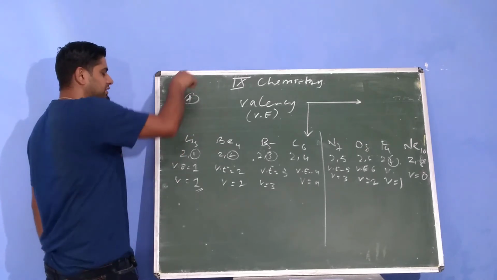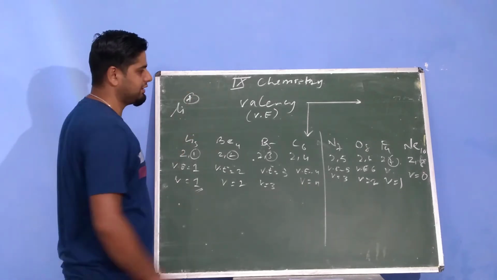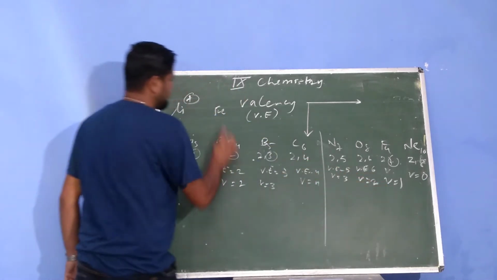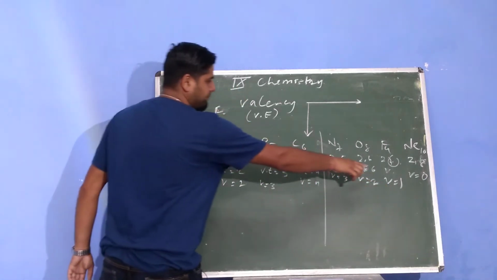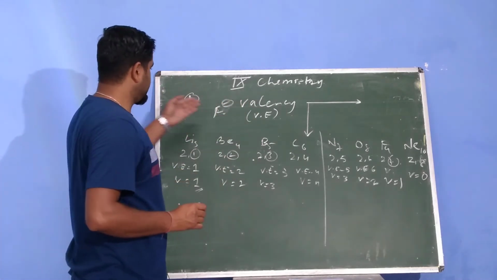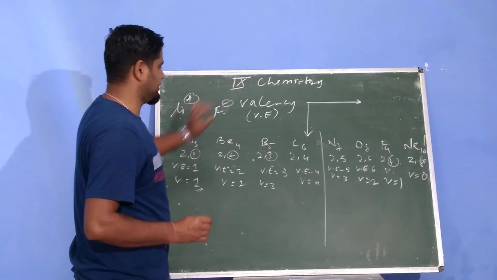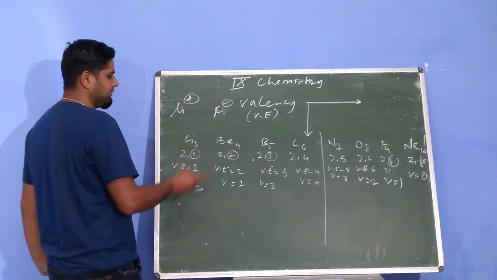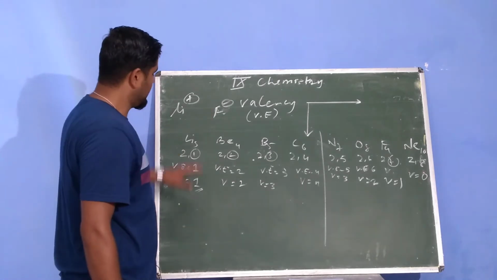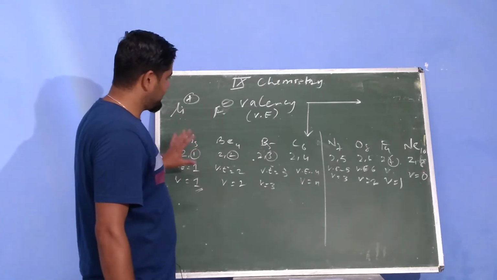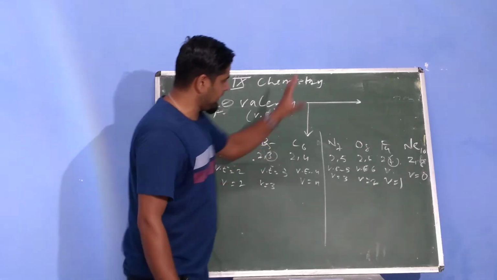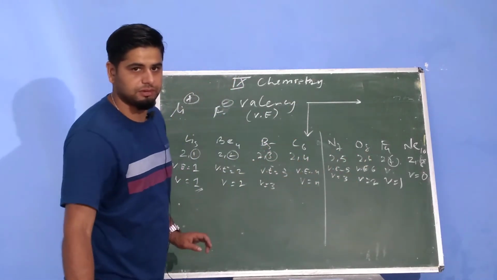Because it has positive 1 value. Similarly for fluorine, valency is 1, but it is negative. That is why fluorine always forms an anion, and this forms a cation. This is the reason. So from valency you can have an idea about positive ion and negative ion, electropositive and electronegative elements.